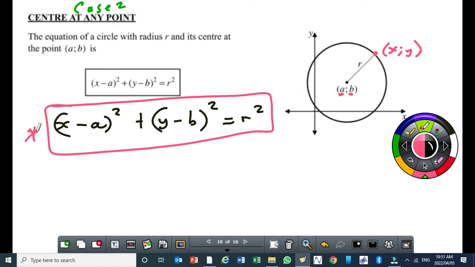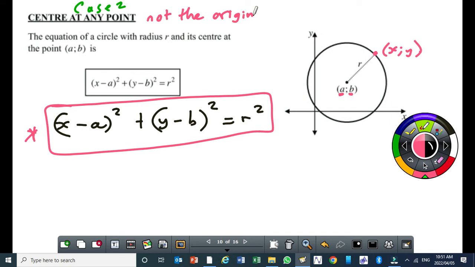This one here is for a center at any point, not the origin. So if the center is not at the origin, then the equation will be this, and this is the famous equation of a circle.